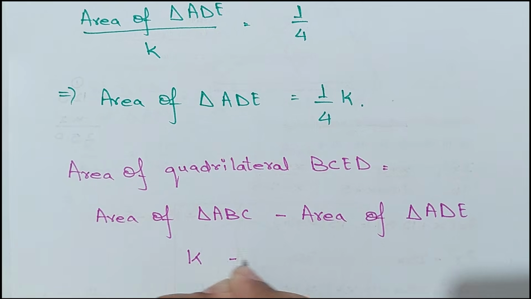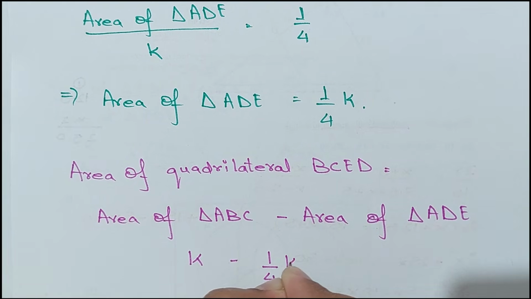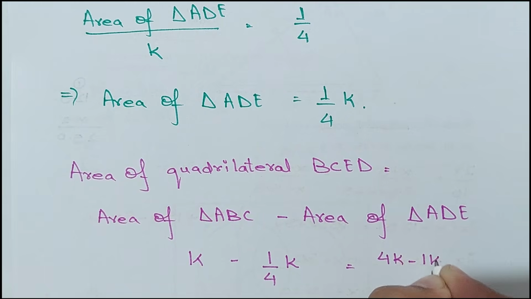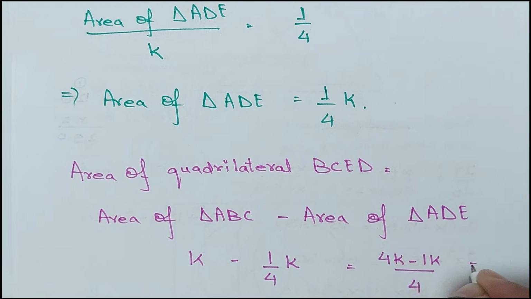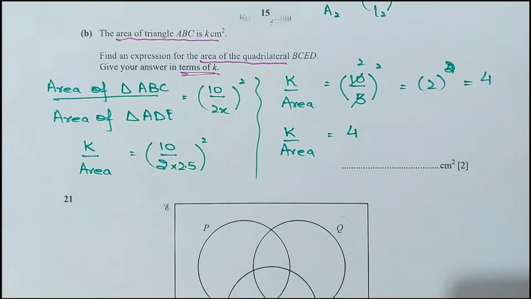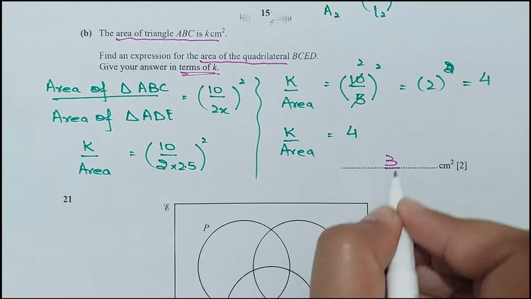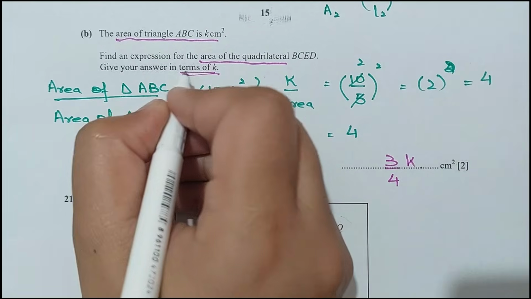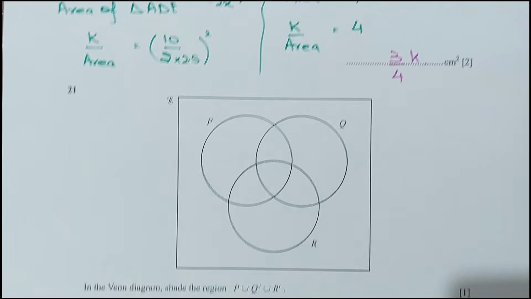ABC is given, which is k. This is 1 by 4 k. So this area is 4k minus 1k over 4, which is 3 by 4 k. So the area of the quadrilateral is 3 by 4 k, in terms of k, which we had to find.